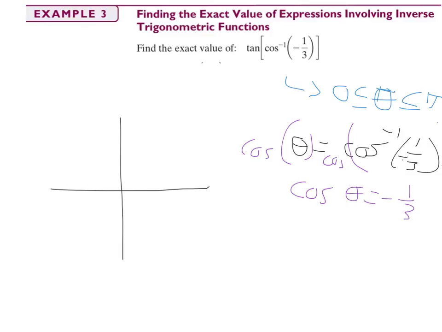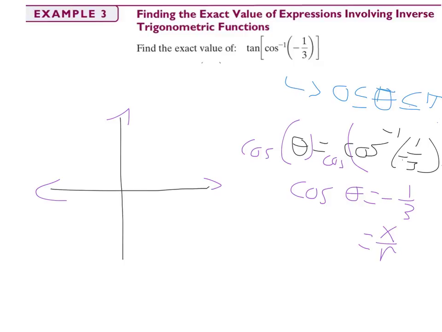Now that we have the cosine of this angle is negative 1/3, we know cosine is negative in the second quadrant. Because remember, it goes from 0 to pi, so that's in quadrants 1 and 2. Since cosine is negative, that's in the second quadrant. Remember, cosine is just x over the radius.